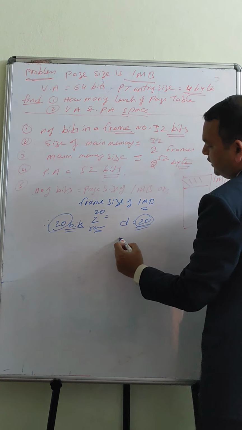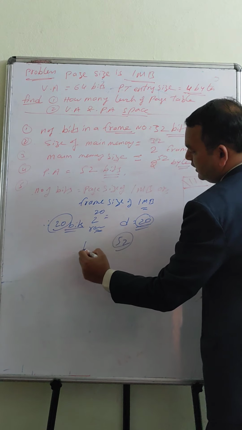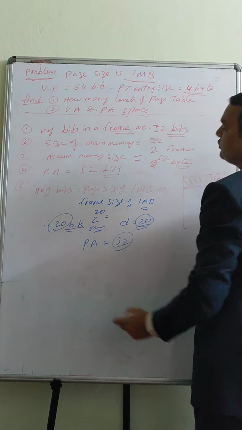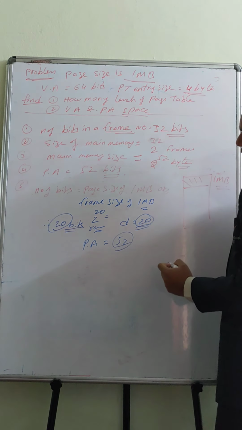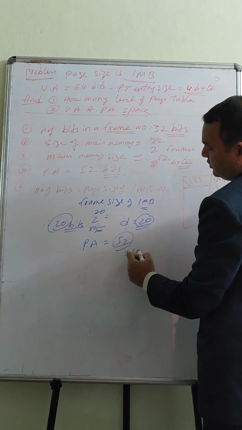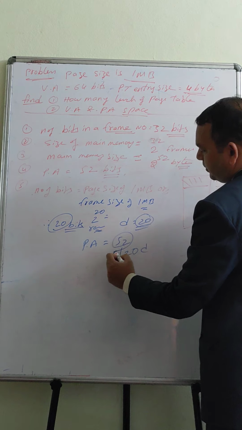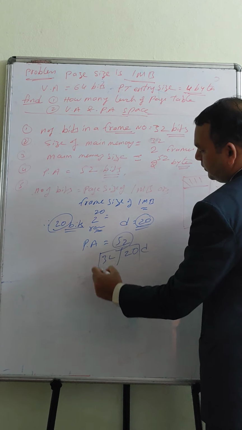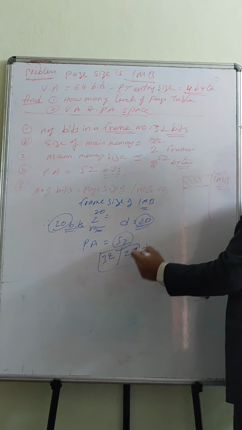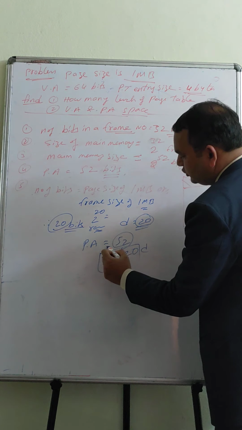So we need 52 bits total in physical address. Physical address, how many bits we need? 52. Out of 52, 20 bits are D, we know that. Then F is equal to 32. 32 plus 20 is 52. This we calculated.